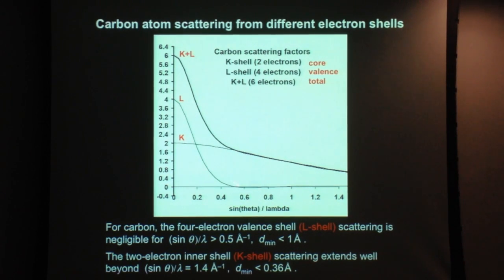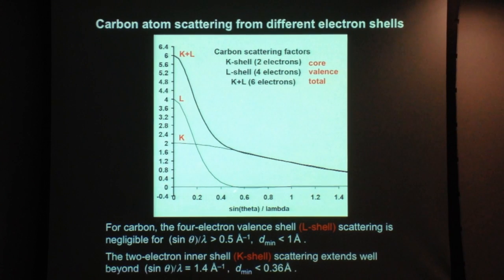And notice that the valence scattering from a carbon atom has essentially disappeared by then. It's fallen to 0. It's actually gone a little bit negative, and then it comes back again. There is an oscillation in this scattering factor function.